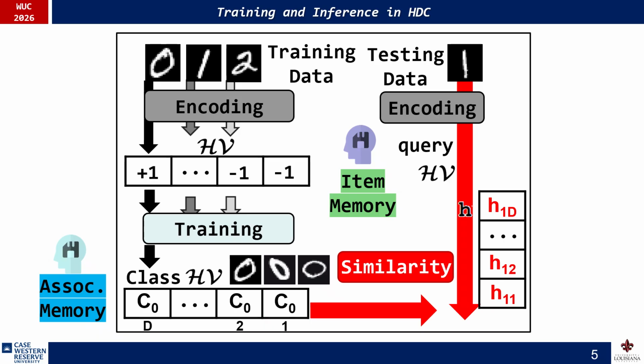The classification only requires a simple similarity calculation. My already calculated class vectors are compared one by one with this query hypervector, and the similarity score shows which class is the most similar, which is the decision of the class and the classification.